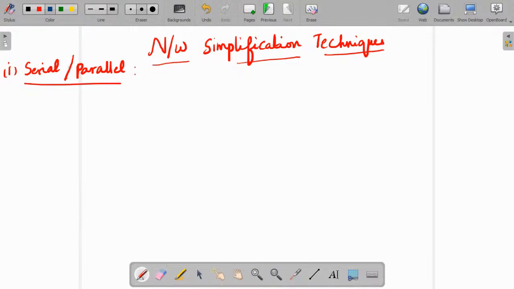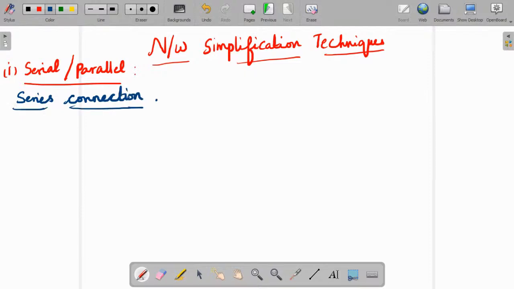Okay, so series or parallel combination. Series, when do we say two network elements are in series? When the same current flows through the elements and there is a different potential drop, that is what we call series. So first let us see series connections in RLC, how to simplify them, then we will look at parallel connections.